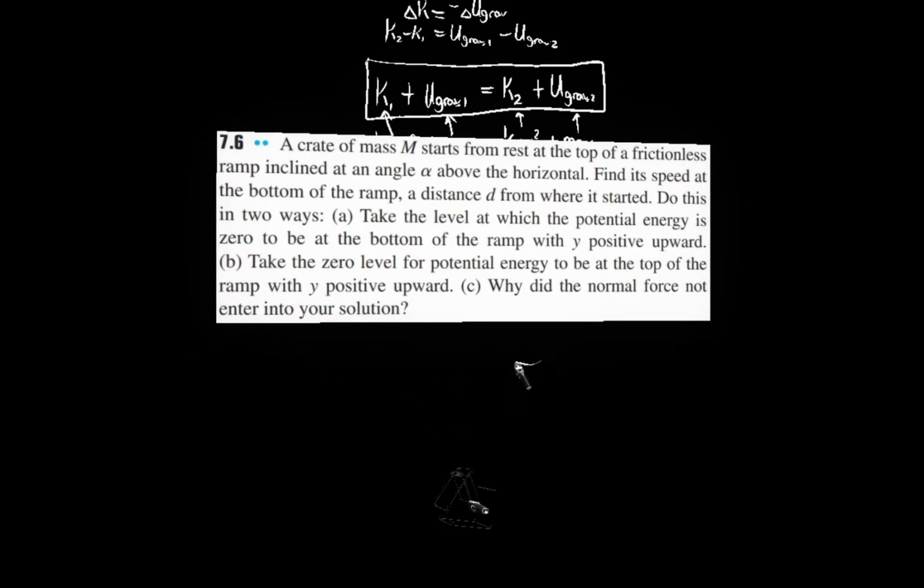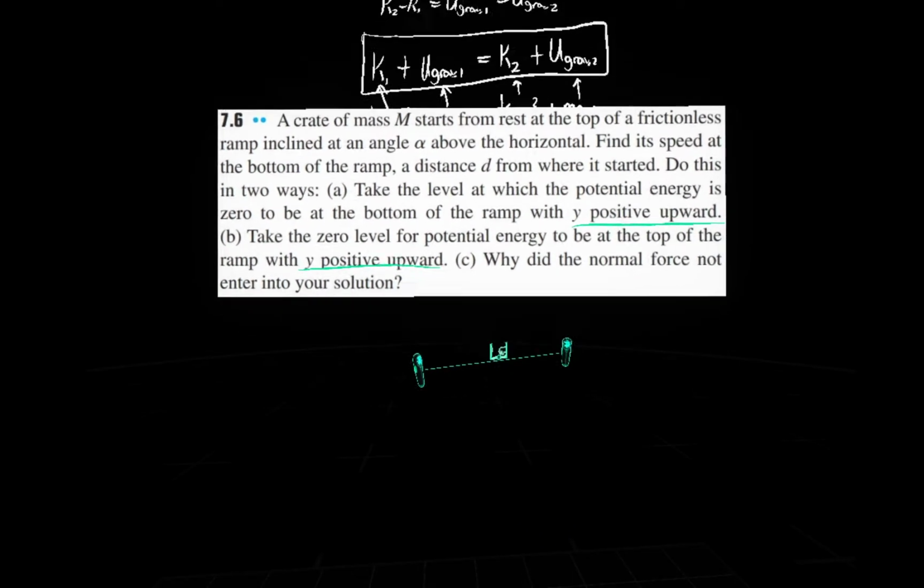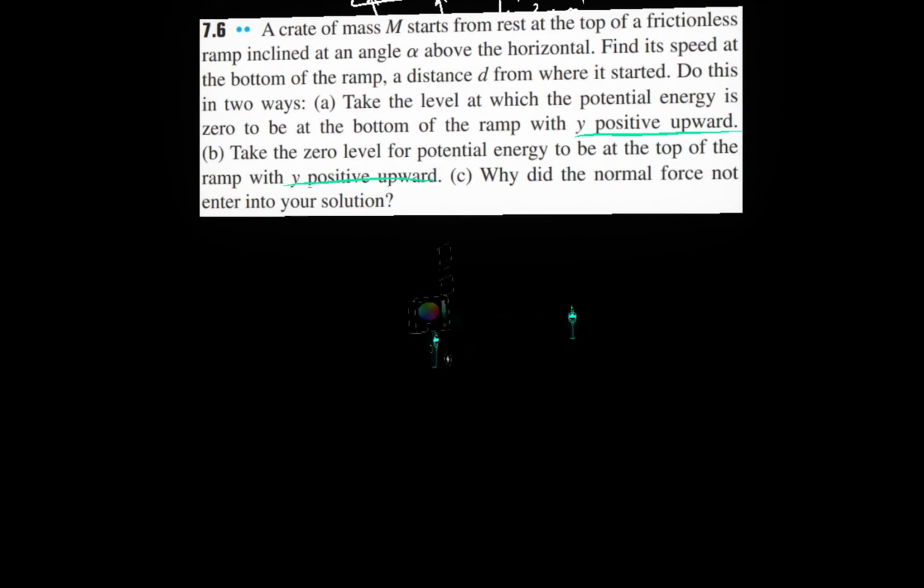So on both of them, y positive is upwards, but we're changing where the 0 is defined. So we're looking for speed, and we're finding it in two ways.